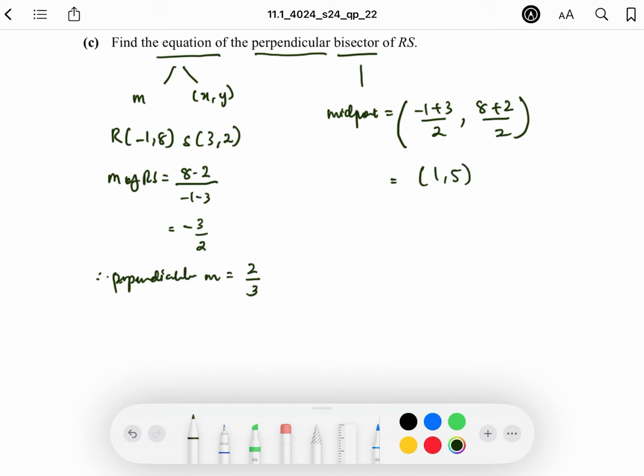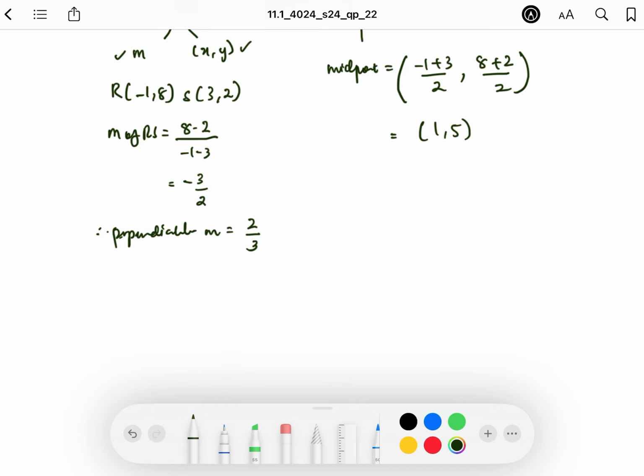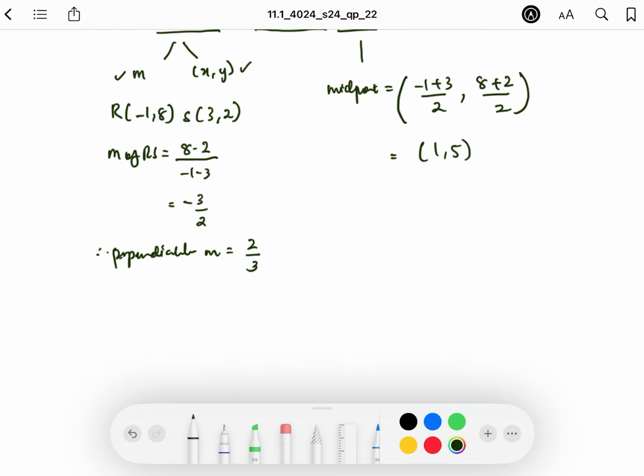Use your calculator to do your calculation, you get 1, 5. So you've got the gradient and you've got the coordinates. So put that into the equation.